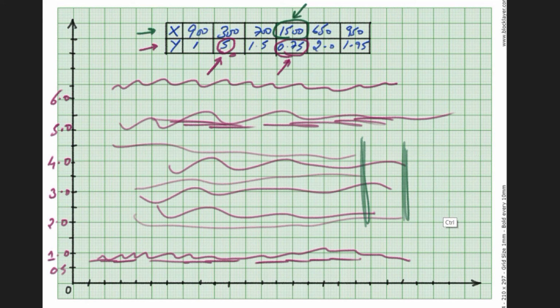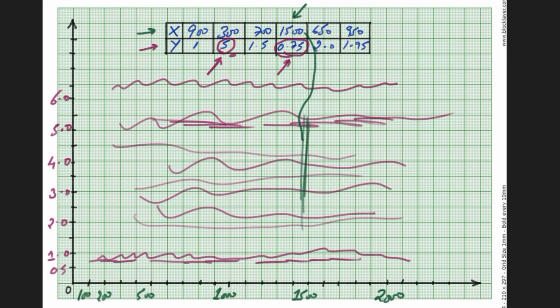So what I'll do now is, let's see, can I start with 100, 200, that's 500, that's 1000, that's 1500? So definitely this particular point will appear somewhere here, which is good enough.